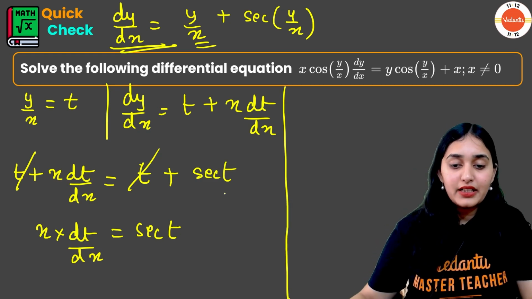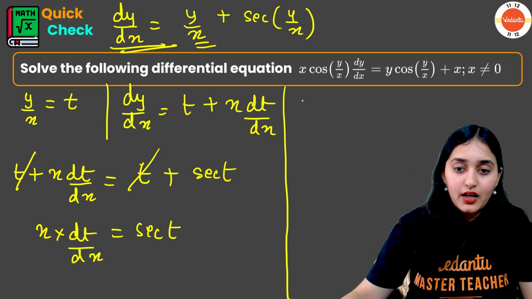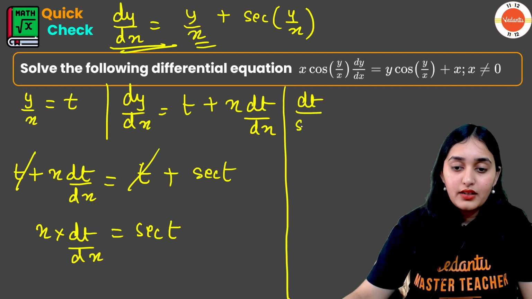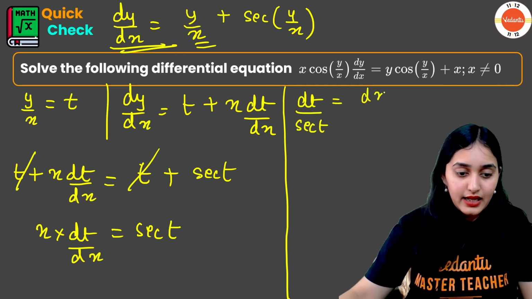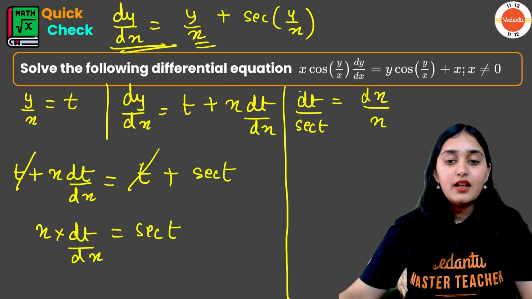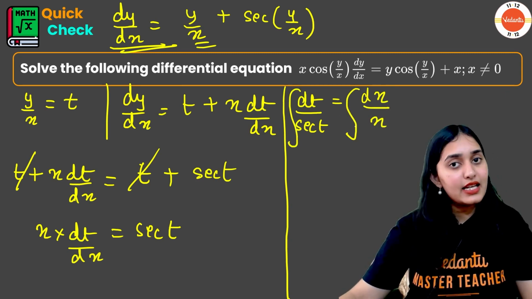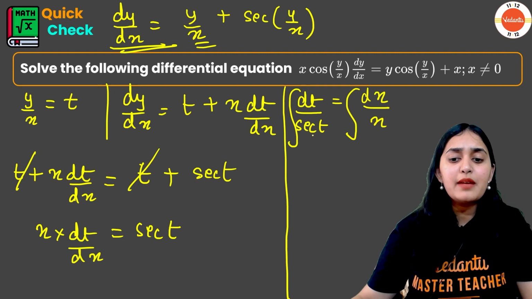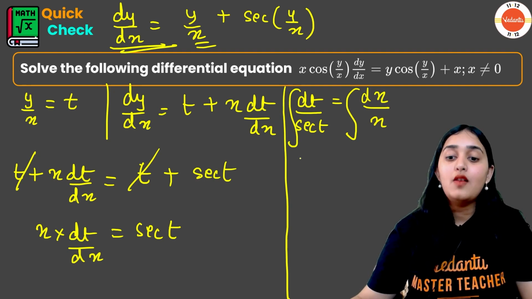So when we separate the variables, we get dt upon sec t is equal to dx upon x. Now just integration. So 1 upon sec t is basically cos t.